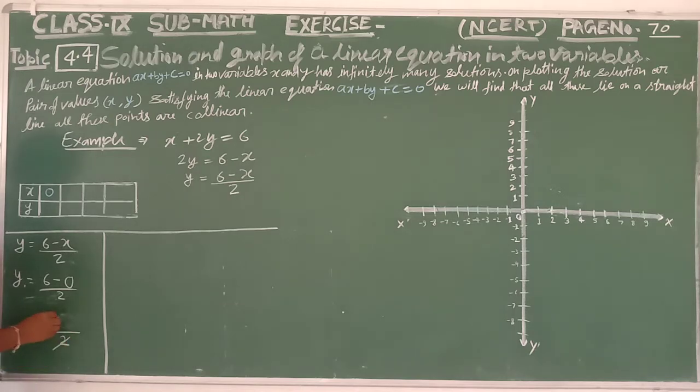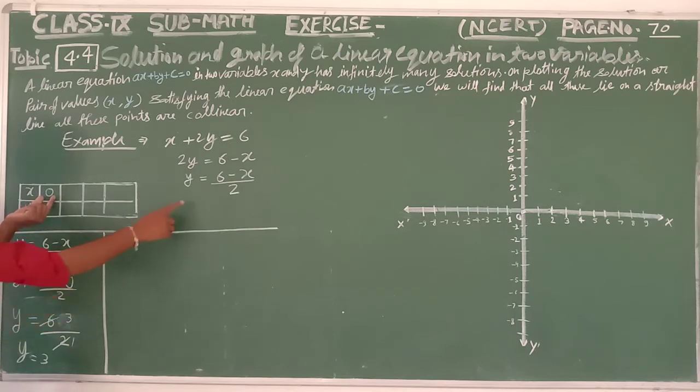Divide by 2: 2 ones are 2, 2 threes are 6. This is the y value. So if you think of a value of x, put it in the equation in place of x, and you find the value of y. The value of y is 3.